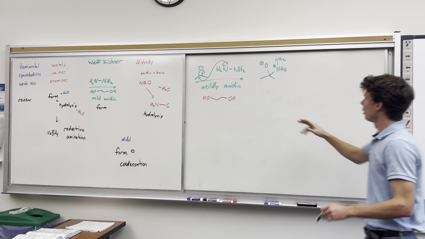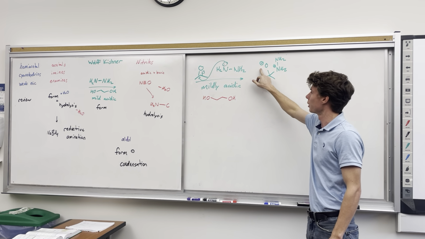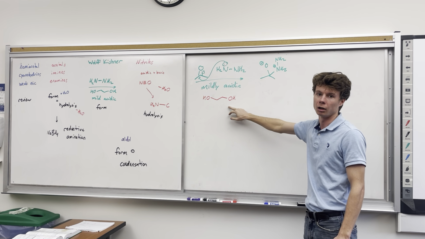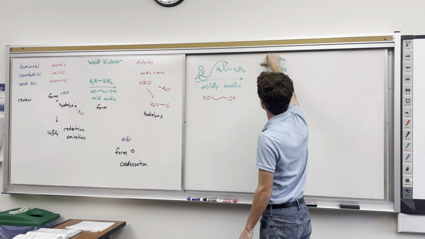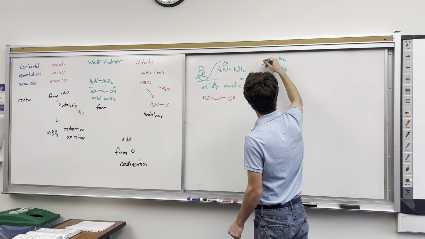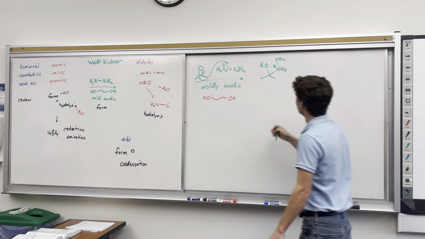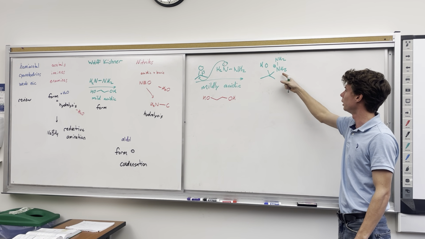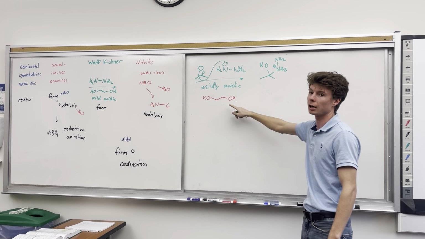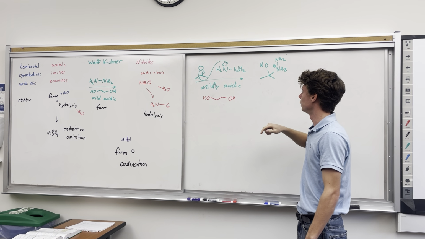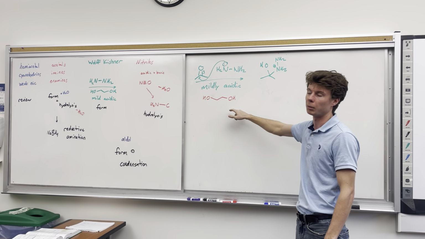Okay. What's going to add a proton onto our oxygen? Ethylene glycol. So proton transfer there, and we'll get OH. What's going to take a proton off of my nitrogen here? Ethylene glycol. Okay. Maybe even that O minus there.